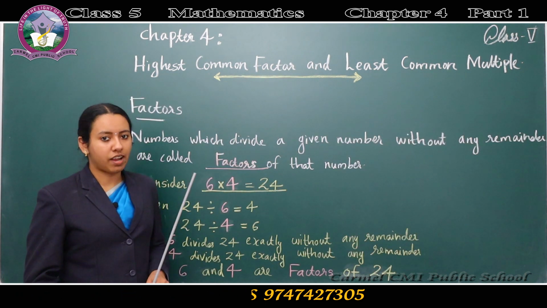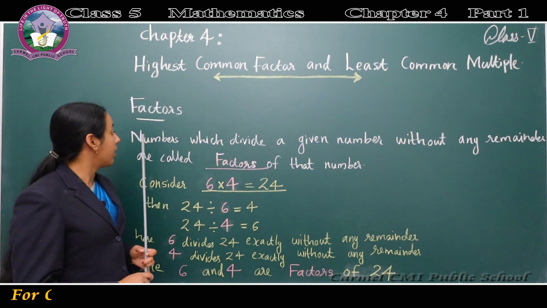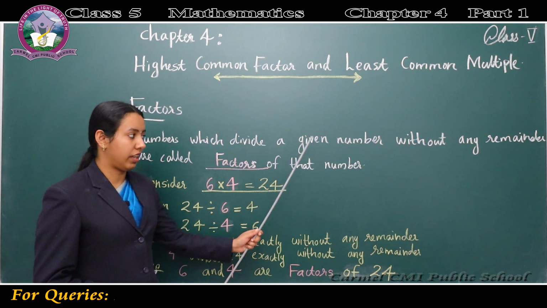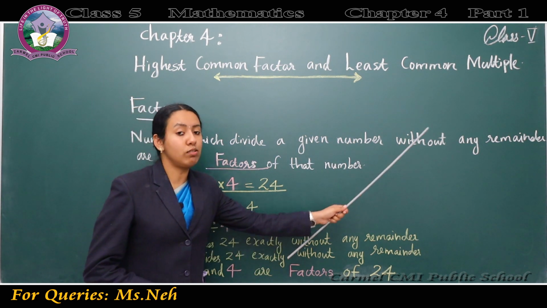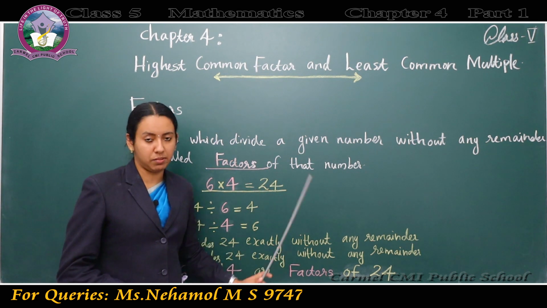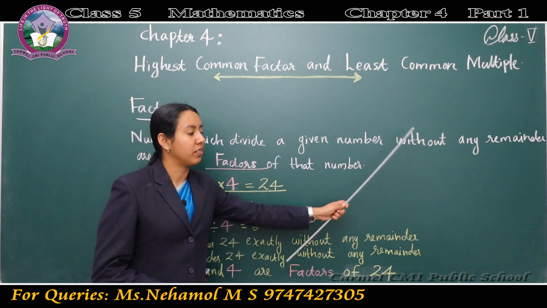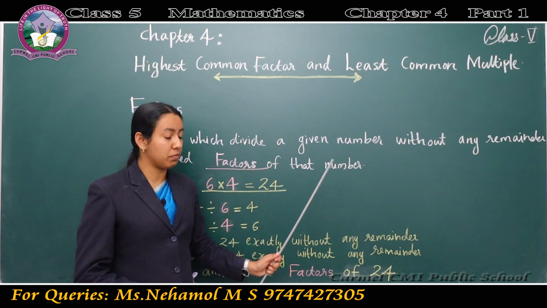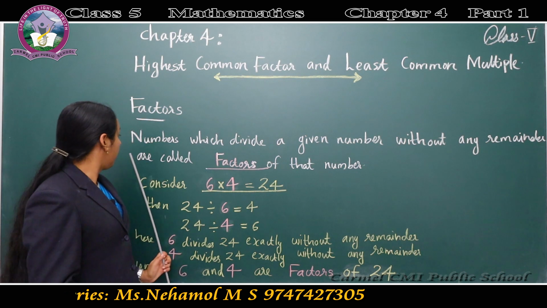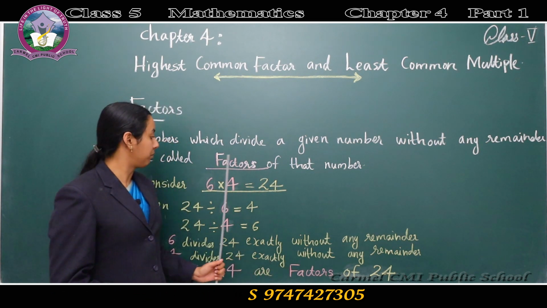Next one, factors. What do you mean by factors? Numbers which divide a given number without any remainder, that means the remainder will be 0, are called factors of that number.